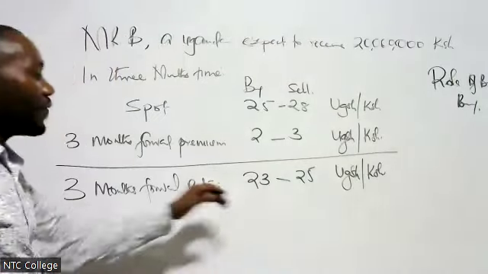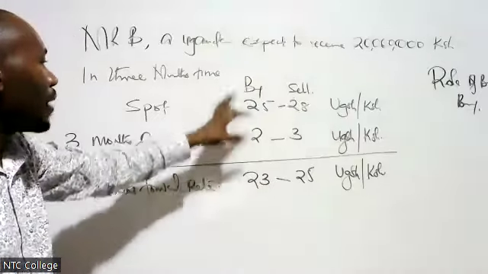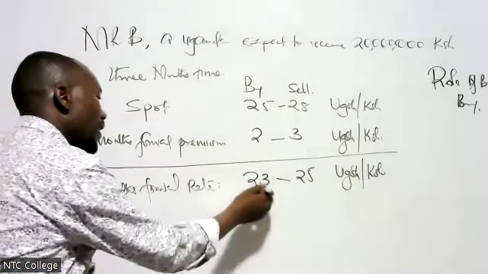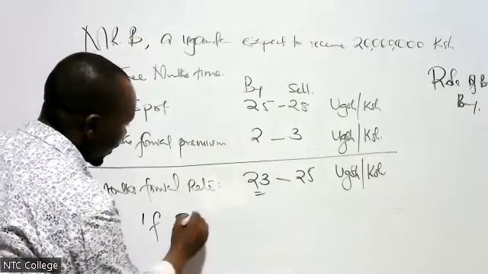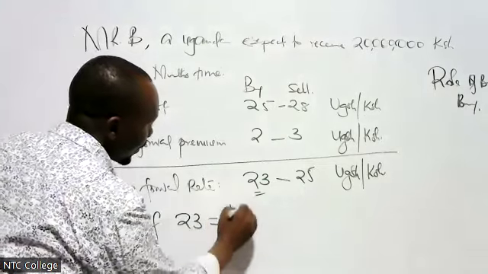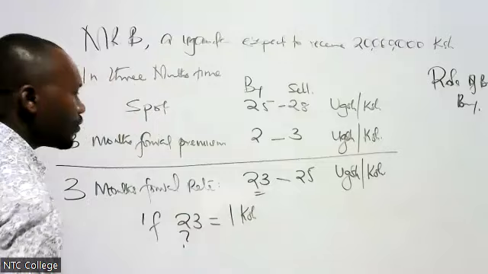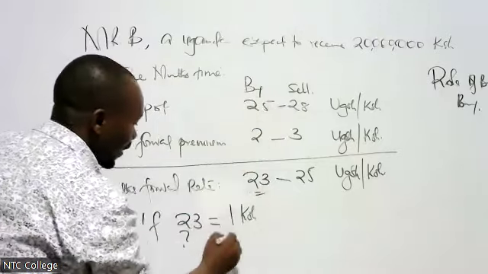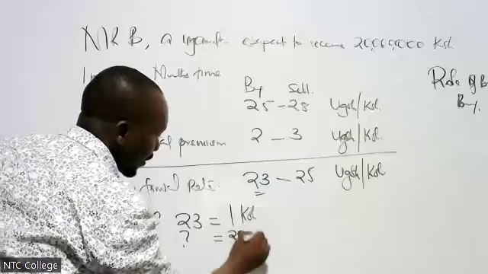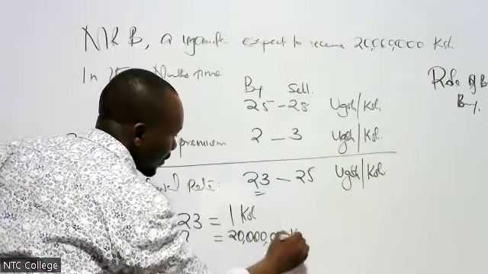Now, we know the role of the bank. So we're going to receive. If you're going to receive, the bank will buy from us. So we use the buying rate. Now you say that if 23 is equal to 1 Kenya shilling, then how much are we going to receive? If we get 20 million in the bank, which is in Kenyan shillings, how much is it going to be in Ugandan shillings?